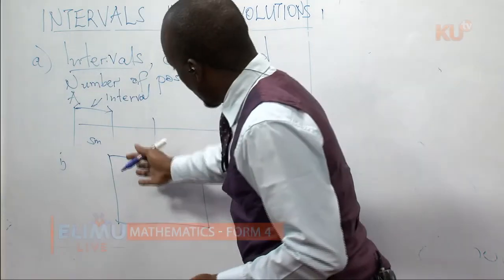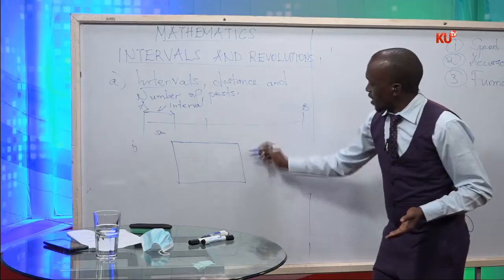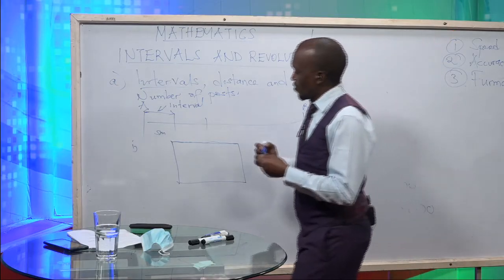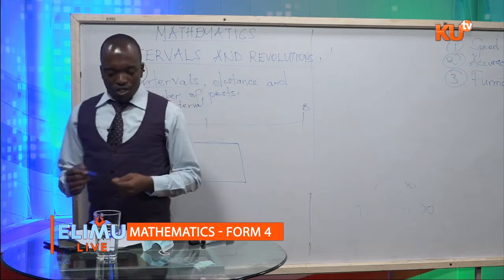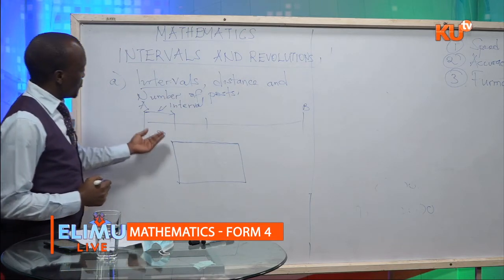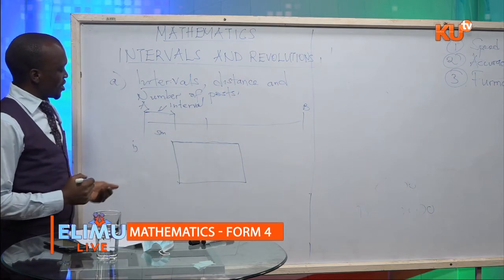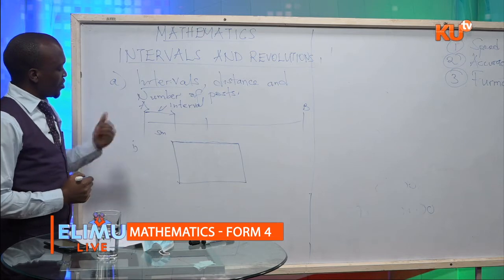This is a triangular shape. Maybe you want to fence this piece of land using a certain number of posts. The question that can come in such an area is that Mary wanted to fence this piece of land using a certain number of posts. How many posts was she going to use?